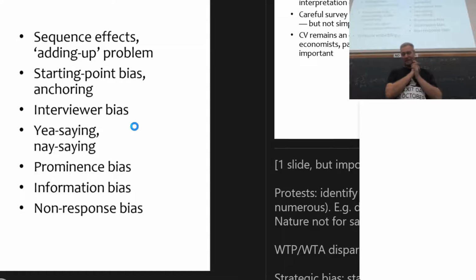There's a million other things that can go wrong. There may simply be protest bids. So you may ask, we're going to start raising entrance fees on the South Island National Park to pay for its upkeep.